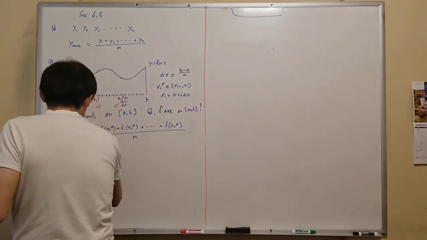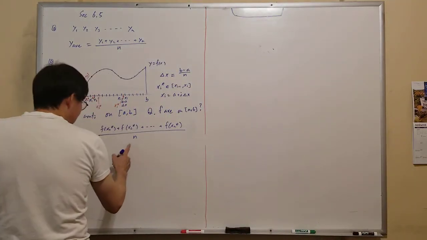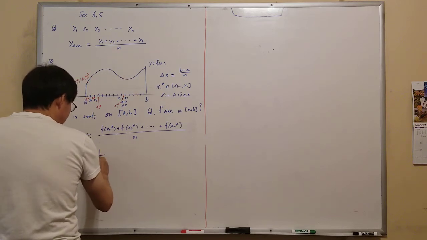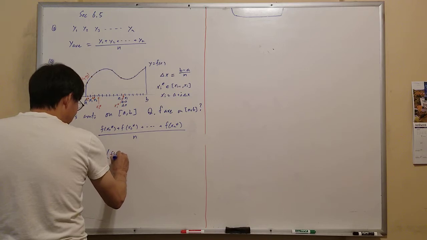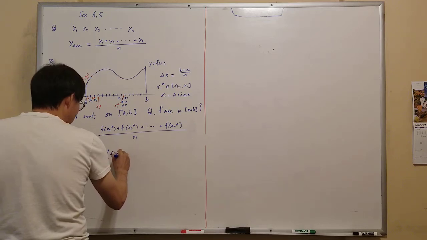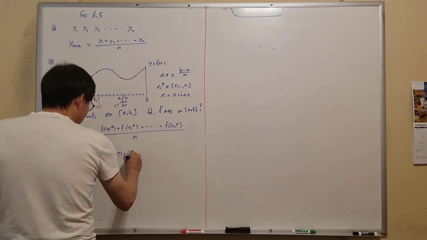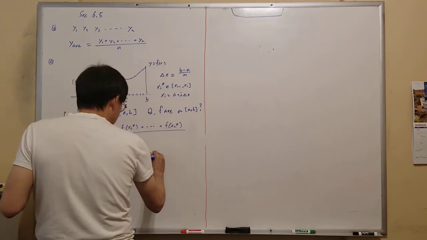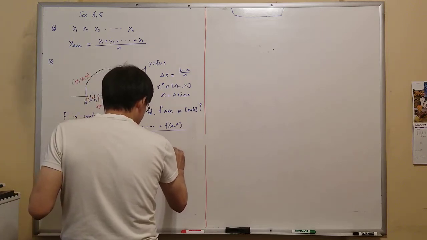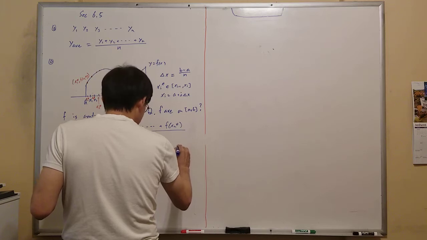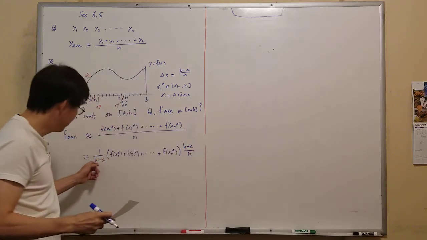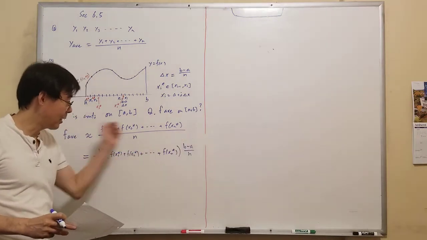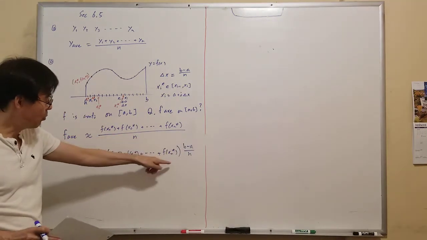Now this one, you can write it as 1 over b minus a, times f of x1 star plus f of x2 star, up to f of xn star, times b minus a over n. See, this b minus a and this b minus a cancel each other, leaving 1 over n.